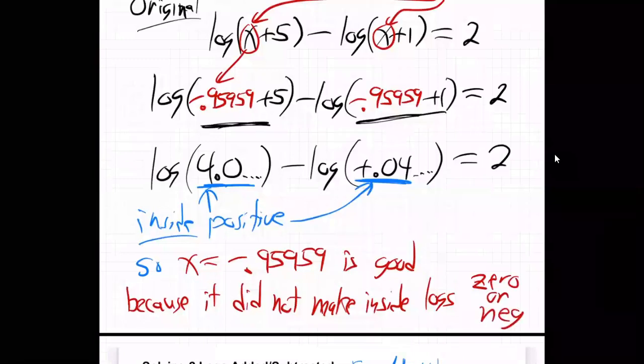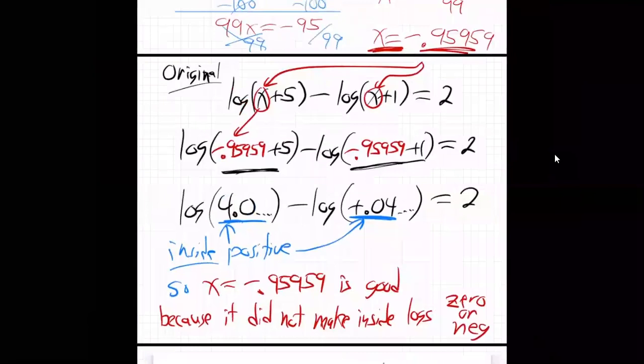They're both positive. You tracking with me? So you don't have to do all this if you can just look at that number and go, look, it's negative 0.9. It's not even negative 1. So put in here next to 1, it's still going to be positive. This one for sure is positive because it's 5 minus it. It's a keeper.